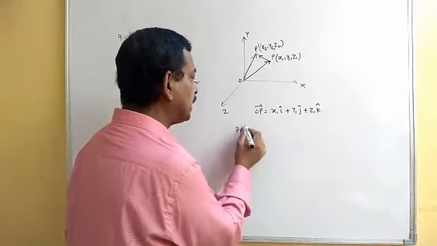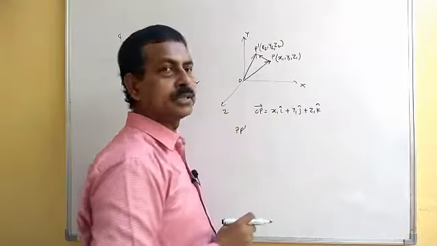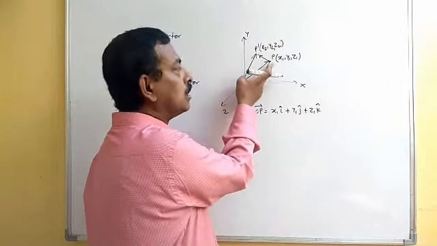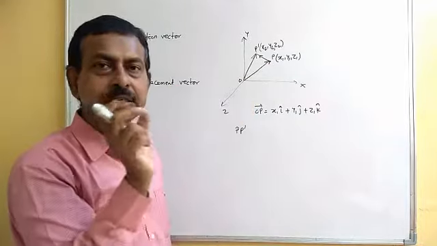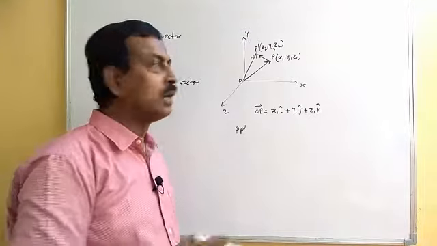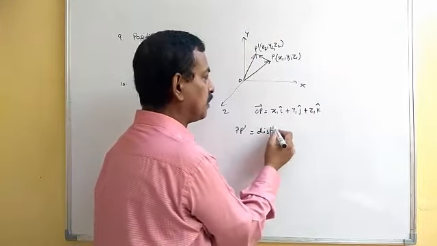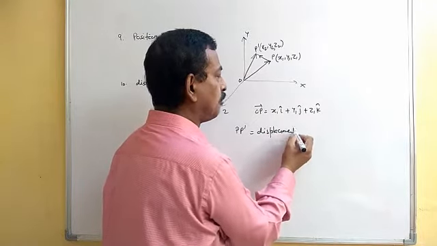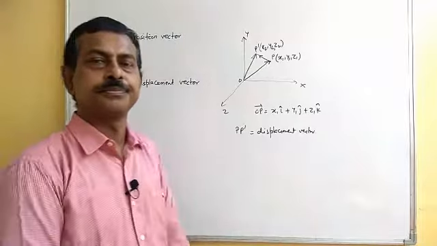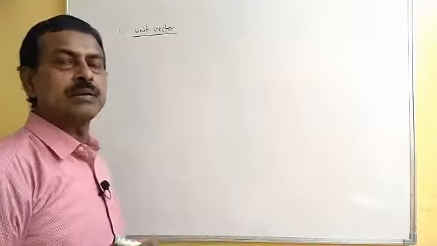So that is PP dash. This represents the displacement vector of the particle in the duration delta t in which this change of position has taken place. So PP dash will be the displacement vector.